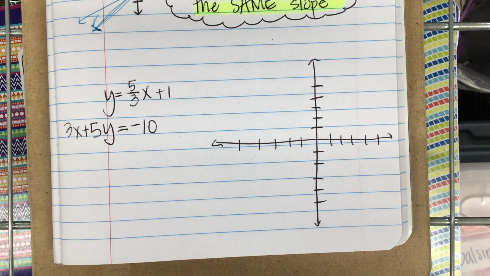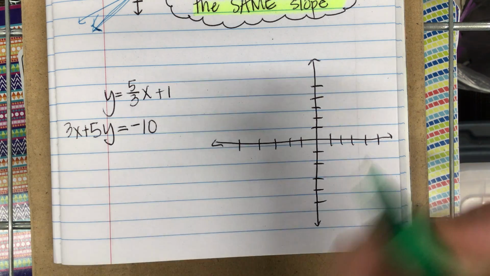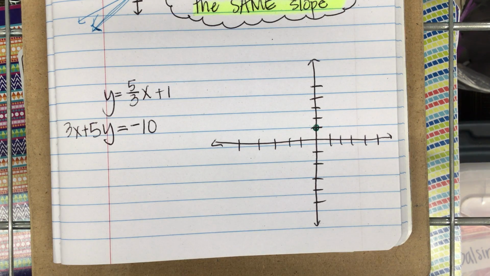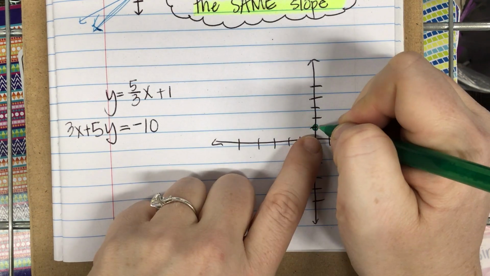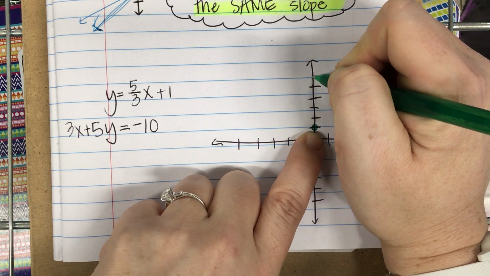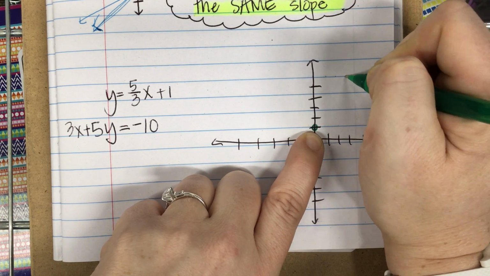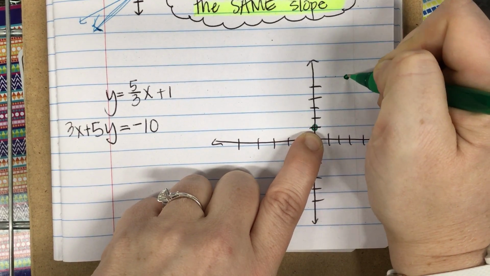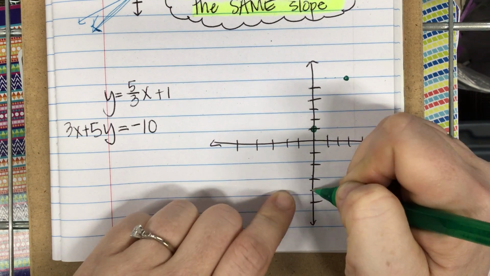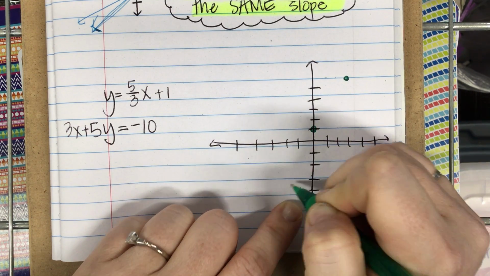So if I was going to graph that, I would start at 1. And from there I would go up 5 and over 3. And I'd do the opposite, which is down 5 and over 3.